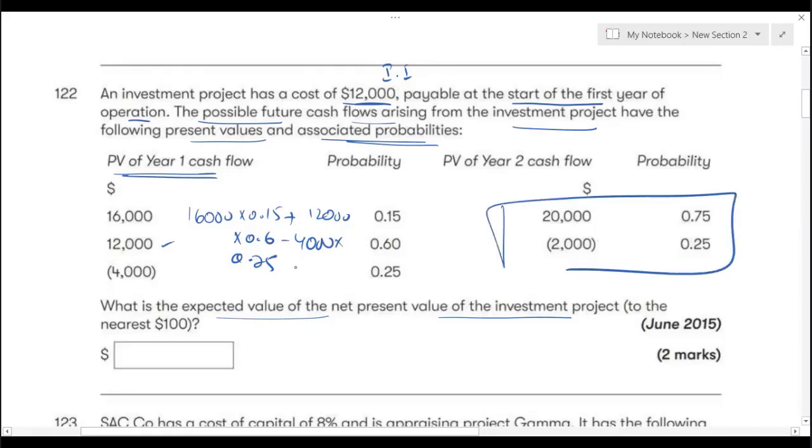In the second year, we have 20,000 into 0.75 plus we have negative 2,000 into 0.25. Whatever comes, deduct the initial investment, which is 12,000. We are getting the result 11,100. So simply multiply the respective probabilities with the relevant cash flows and simply deduct the initial investment.